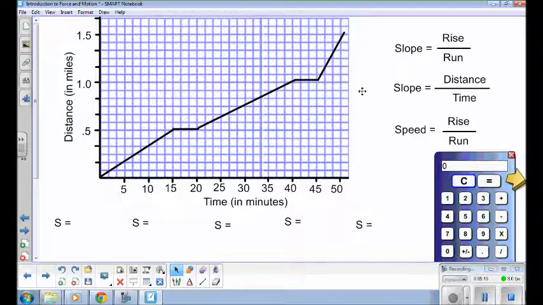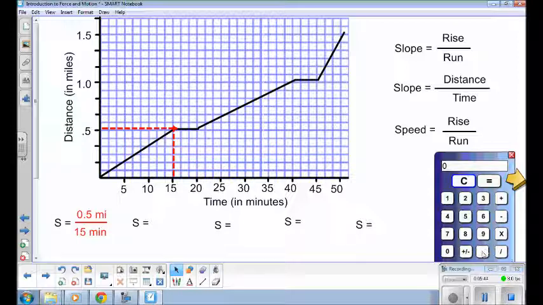So what I'd like to do is, using this graph that we have here, we can calculate Ashley's speed. So the first thing I'm going to do is look at the first segment of the ride here. If we look at rise, we could see that she traveled 0.5 miles. The run, again, is the time, and it took her 15 minutes. So we can write that problem as 0.5 miles divided by 15 minutes.